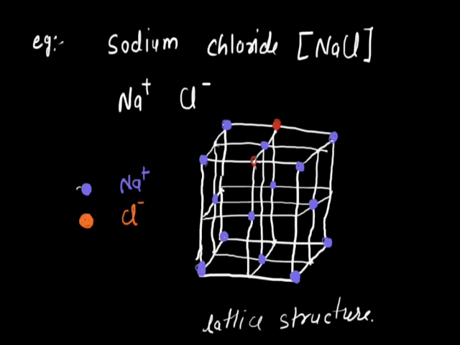The center of the edge is this, and we put Cl minus here, and this is the third edge, and we put the third Cl minus here, and this is the fourth edge, and now we put the fourth Cl minus here. Now we put Cl minus ions on the vertical edges.